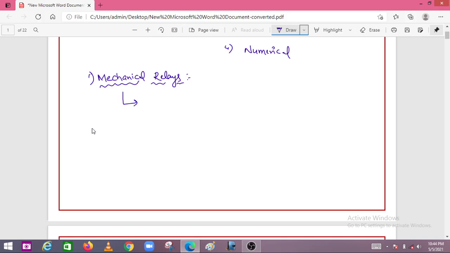First one is electromagnetic attraction principle. And the second one is induction principle. Based on these two principles, the mechanical relays have been classified.